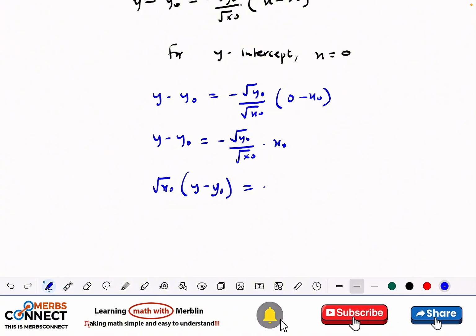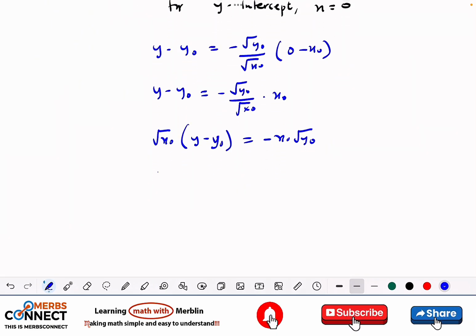So I'm going to have minus x naught root of y naught. Simplify this with... So we are basically, I don't think this is a good idea.